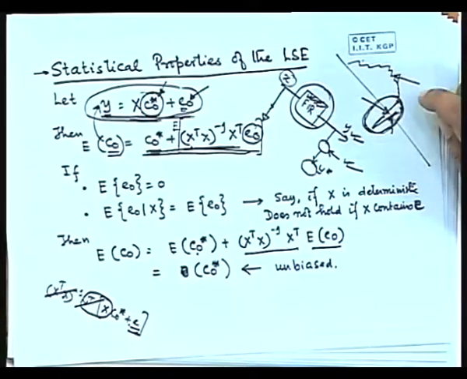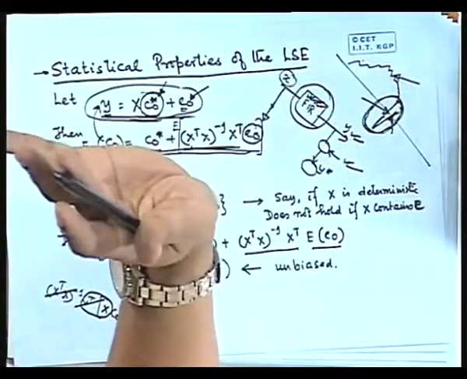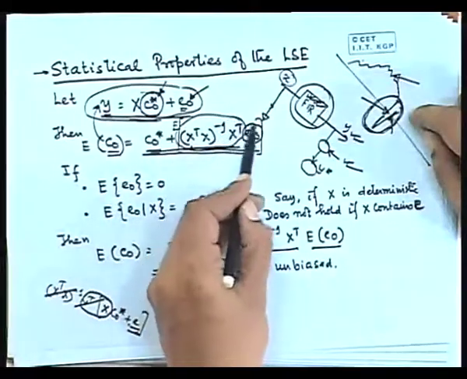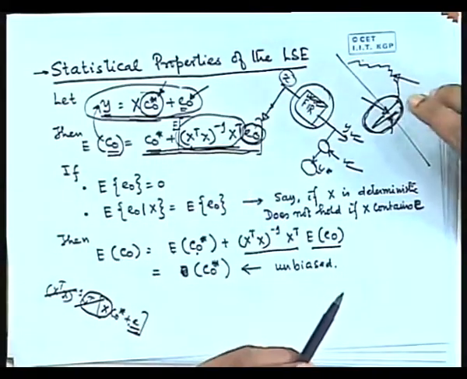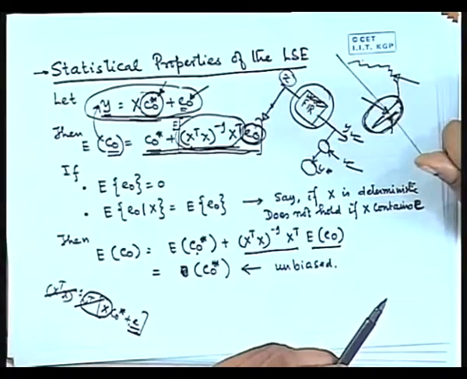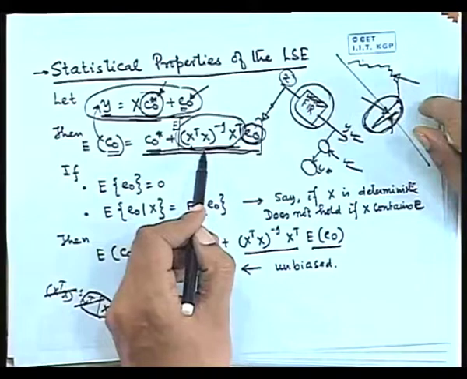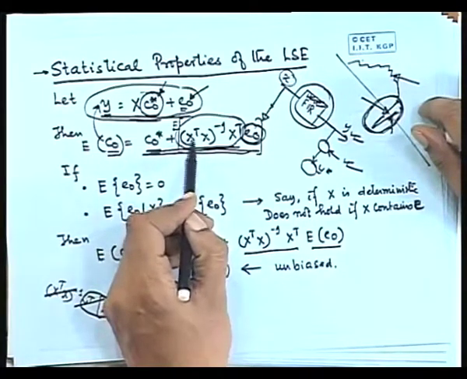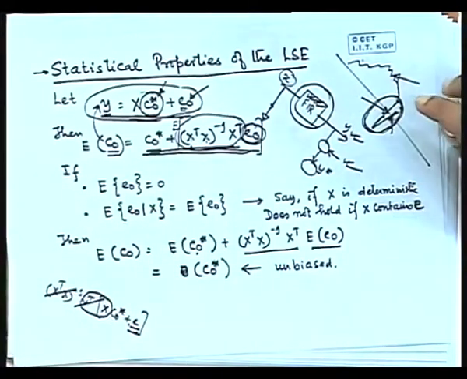When is it possible? If it is a deterministic sequence, it is possible. Otherwise also, if this random process and this random process are independent, then it is possible. But if they are not independent, for example, if X itself contains E, then it is not possible.